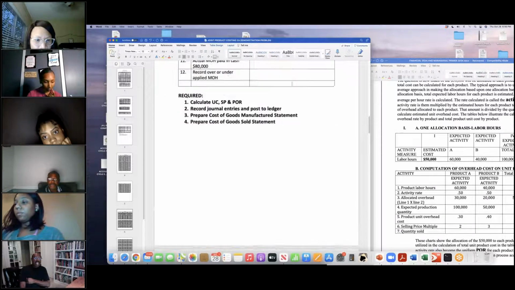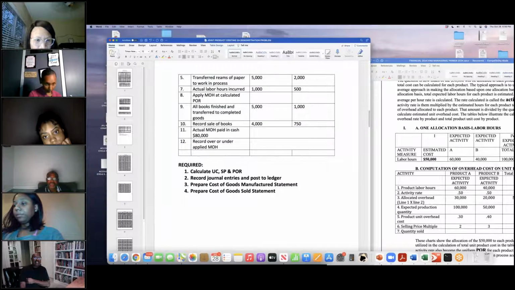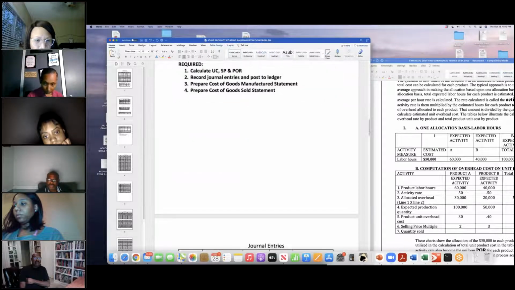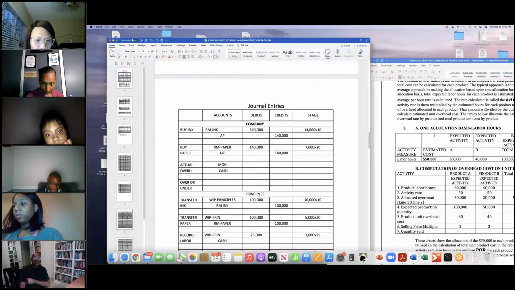Now we have to record the actual manufacturing overhead, and it says it was 80,000, correct? So we debit manufacturing overhead for 80,000 and credit cash for 80,000.